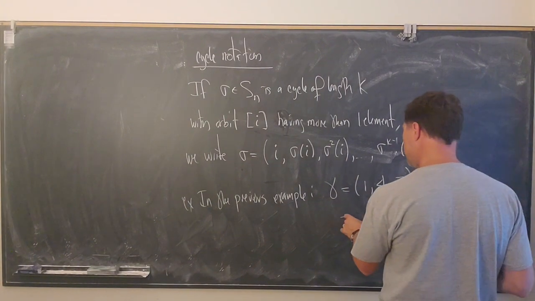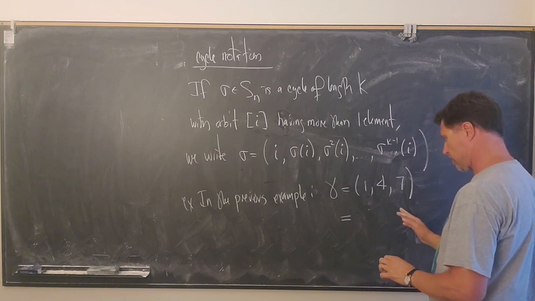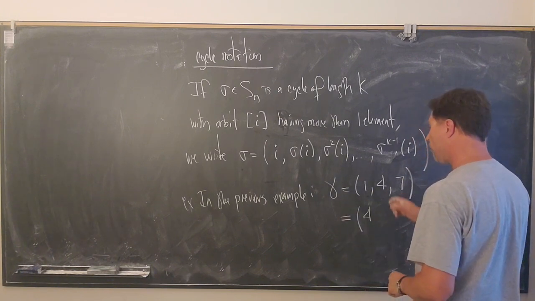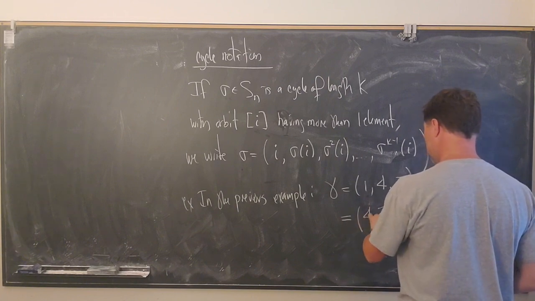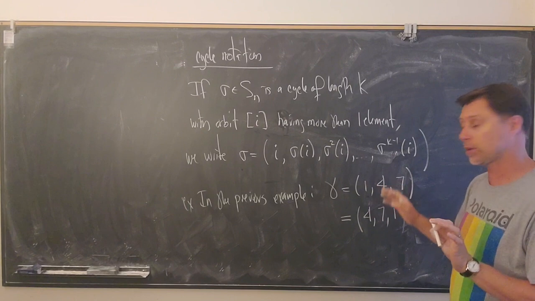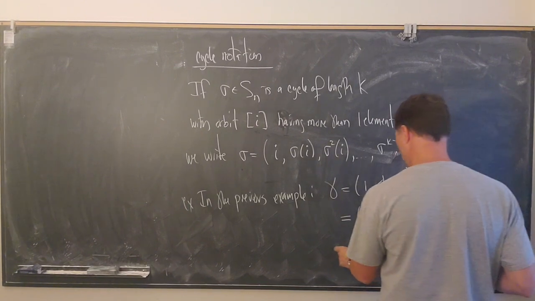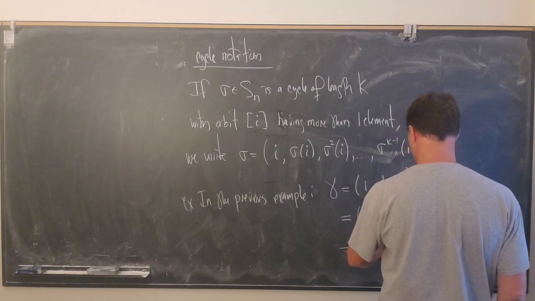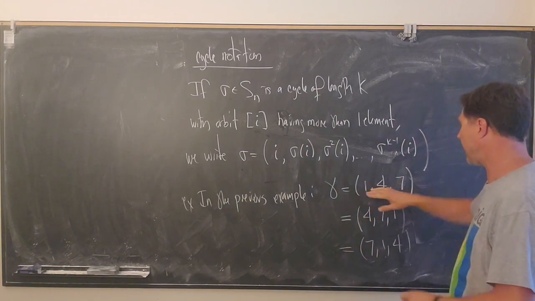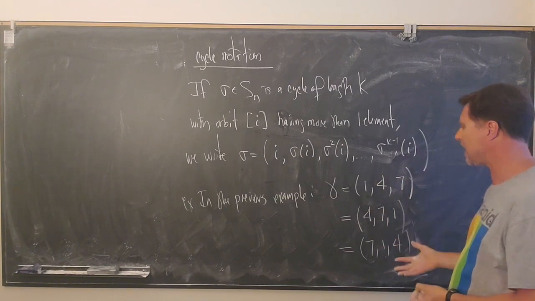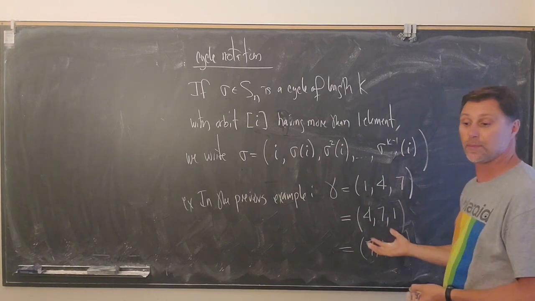So this is not a unique notation. We could write 4 goes to 7, which goes to 1. This describes exactly the same permutation. And one more way, 7 goes to 1, which goes to 4. So you can permute these elements in a cyclic fashion and it'll describe the same function.